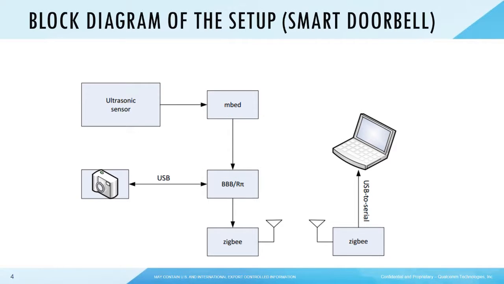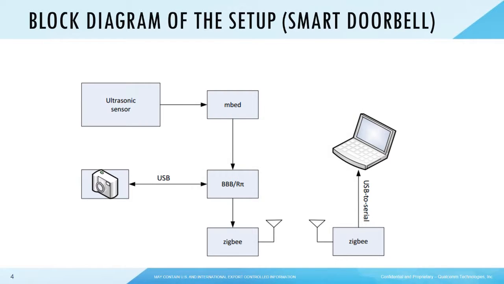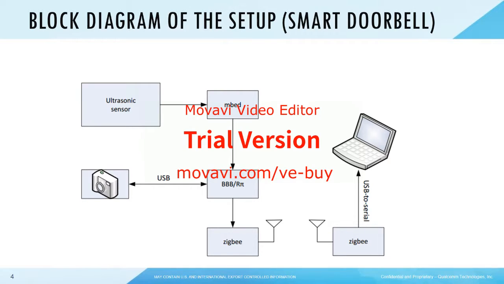And the mbed microcontroller sends the flag to the BeagleBone Black, in particular to a Python script on the BeagleBone Black. The Python script, upon receiving this flag from the mbed over the serial interface, creates a trigger to take a picture, and the camera saves the image file locally on the BeagleBone Black.